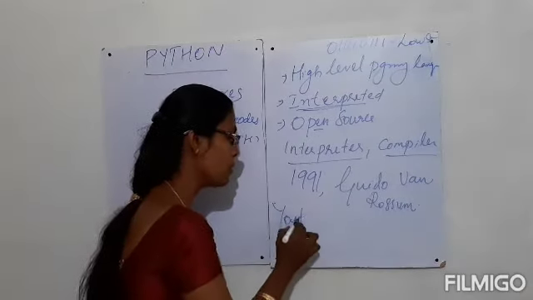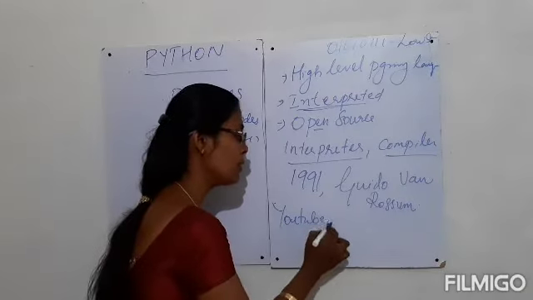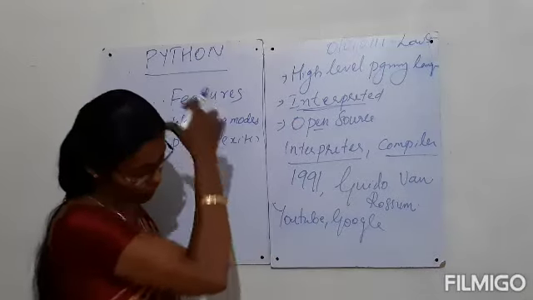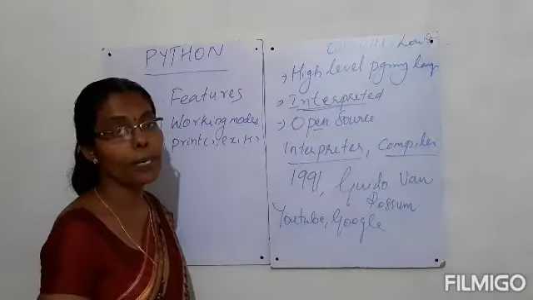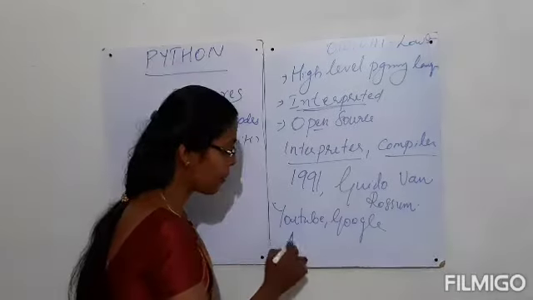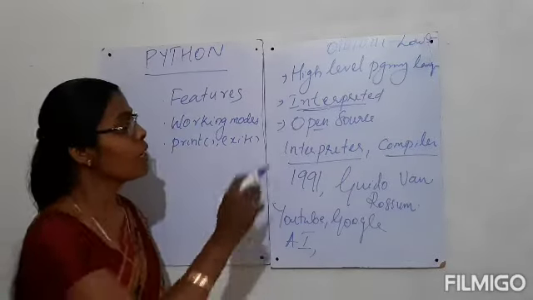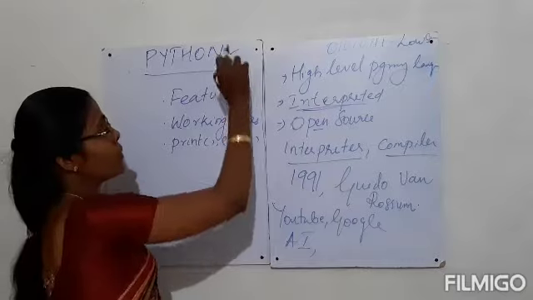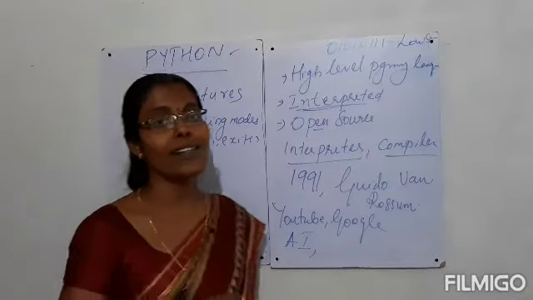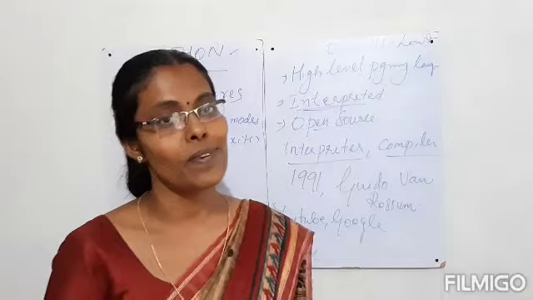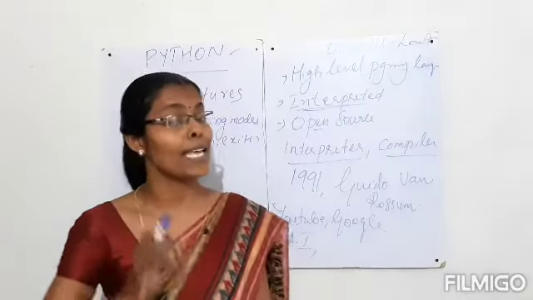YouTube, Google are all using Python for programming, and even for AI application, artificial intelligence, robotics and all, we are using Python language. And its main attraction is that it will be a simple program, with less number of codes. So that's why it is called expressive.